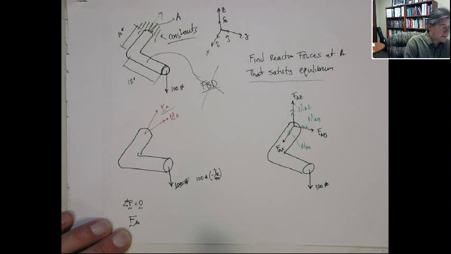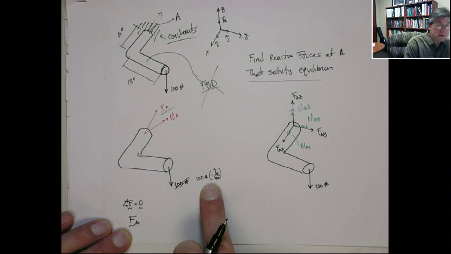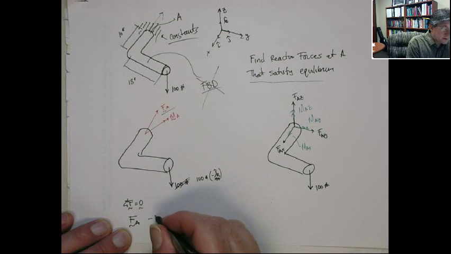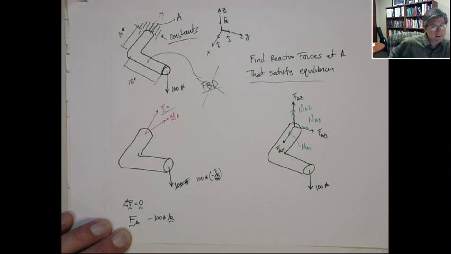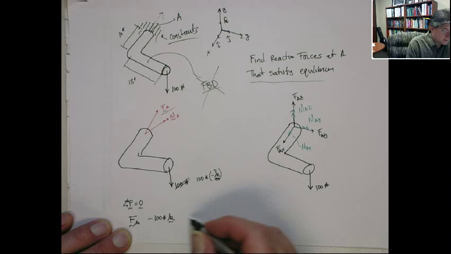The other thing we have is this force, minus 100 pounds in the k direction. So this is a proper vector. Don't leave the k off here. It's incorrect. This goes to 0.